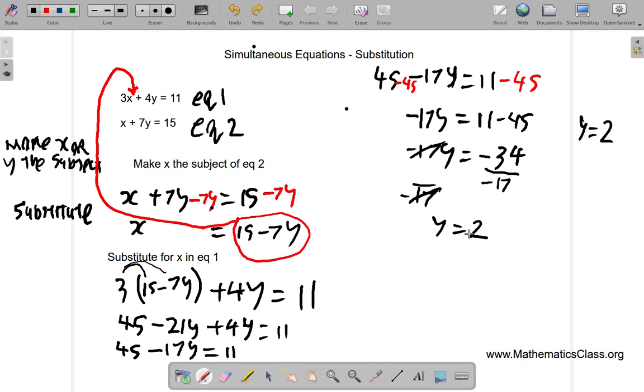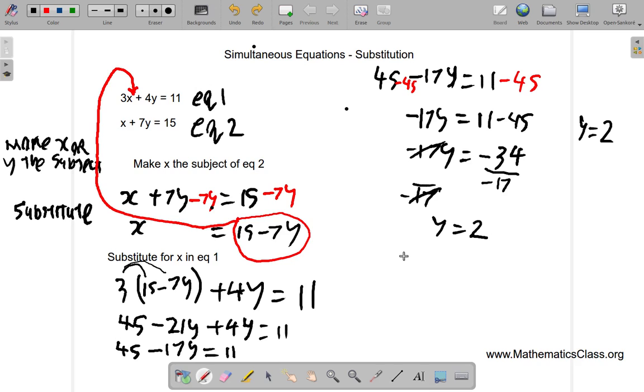Now that you know what y is, you're going to put that number for y in one of these equations. Let's use equation 2 because equation 2 obviously would be easier to deal with. It has smaller numbers.